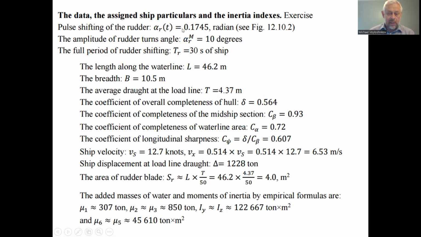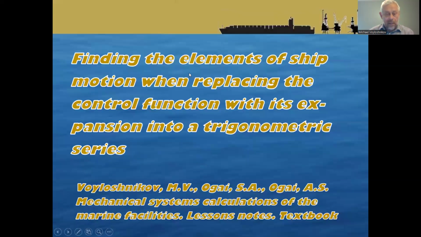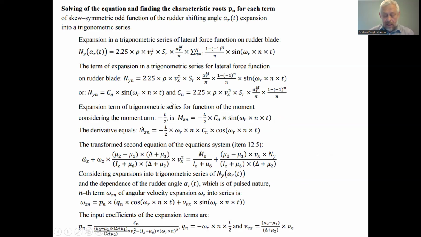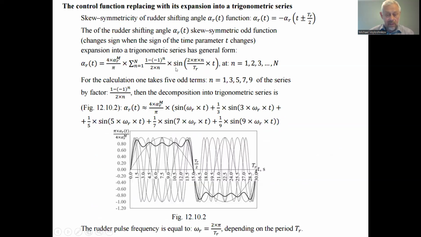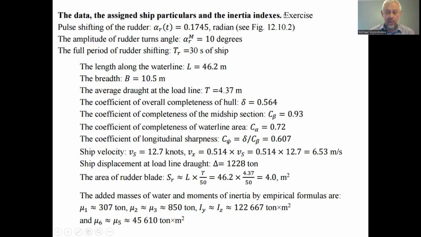But actually, we have only the continuous dependence as the expansion of the rudder turning into the trigonometric Fourier series, as we did here, but this type of equation is complex. Here we just indicated initial data for the exercise as a simplified designation.